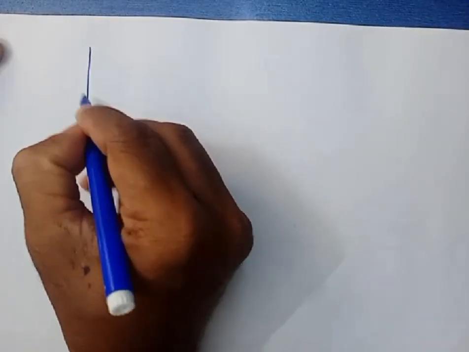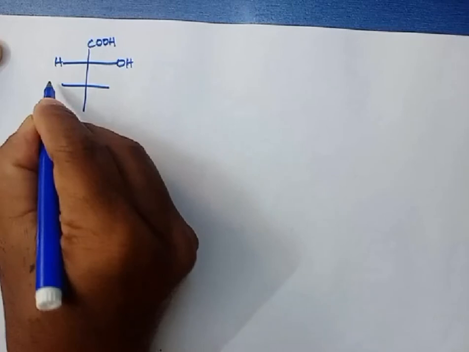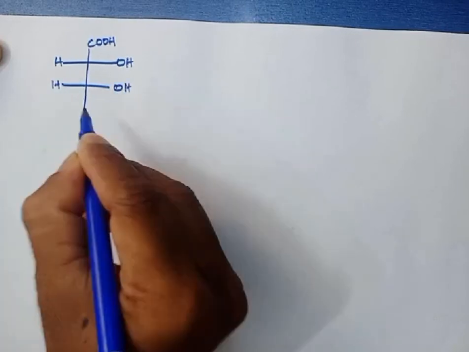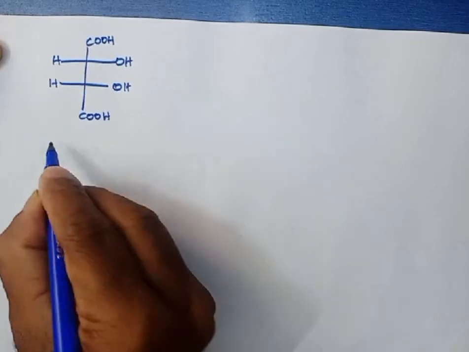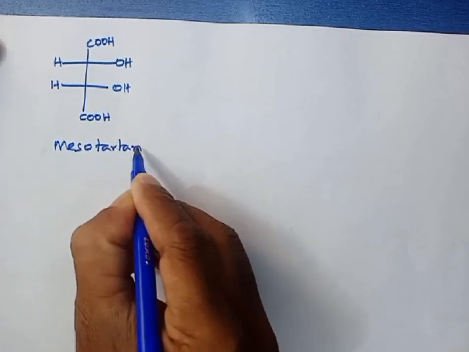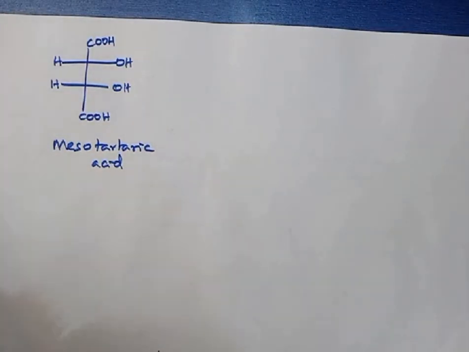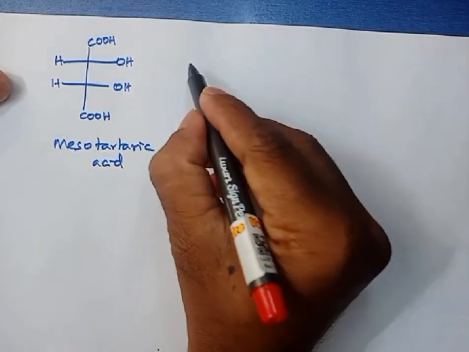Students, observe carefully. I'll discuss mesotartaric acid separately. These are the points you should remember. I am giving the Fischer projection for mesotartaric acid. This is mesotartaric acid, and these are all essential points you should keep in mind.